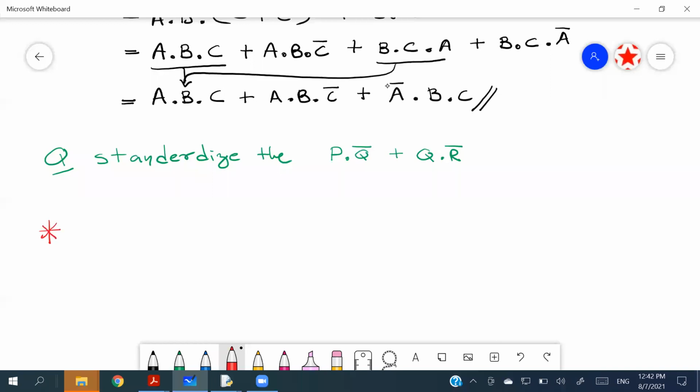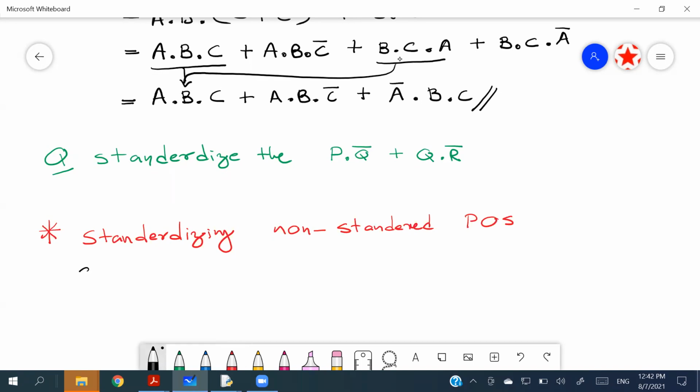Right, so the next one is standardizing non-standard POS, product of sums, right?